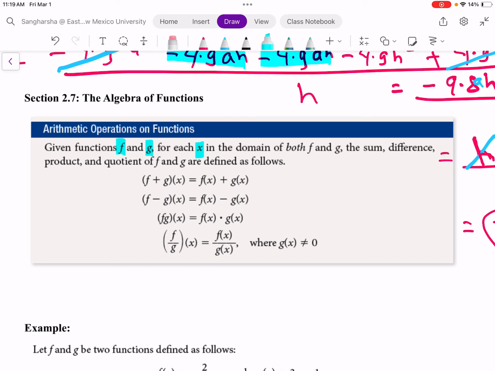If we want to find the f plus g function, then you are adding two functions. If you want to find the difference of these two functions, then you are finding f of x minus g of x. And the f times g function is f of x times g of x.